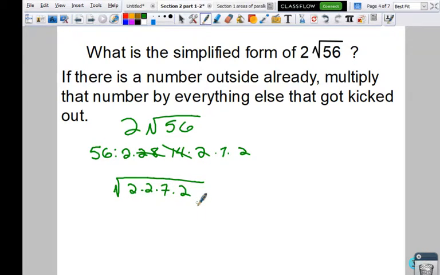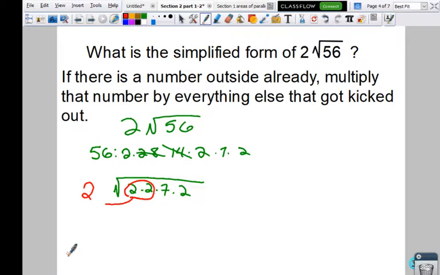Okay, Adelia, what's going to get kicked out? A pair of 2s is going to get squished together and kicked out, right? Anything else? No. Okay, so you remember how we had this 2 back at the beginning?